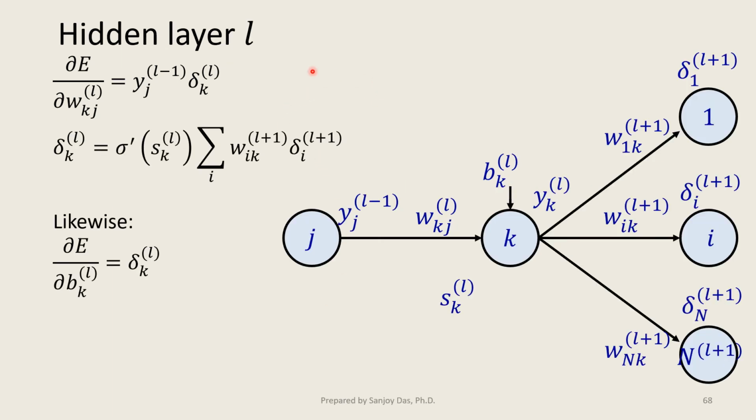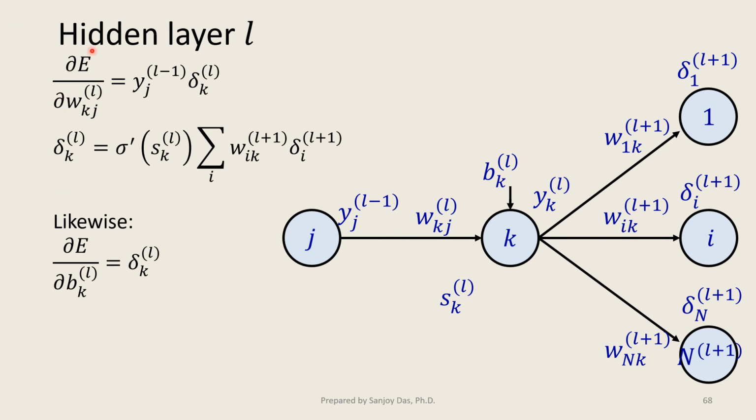So we have an expression for the derivative of the loss with respect to WKJ, which is Yj L minus 1 times delta KL, where delta KL is obtained through backpropagation of errors.